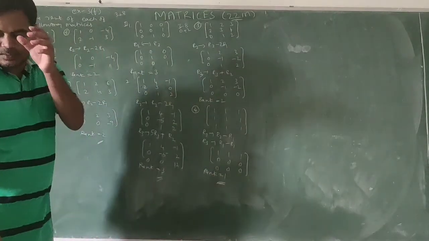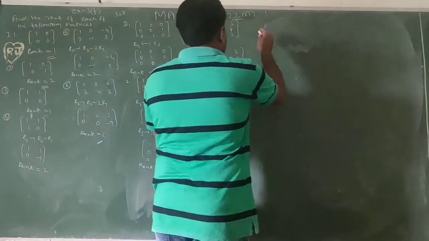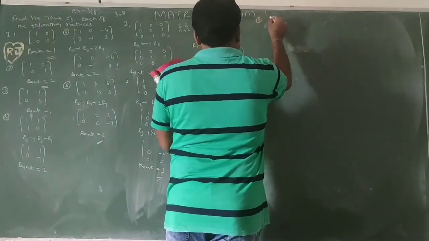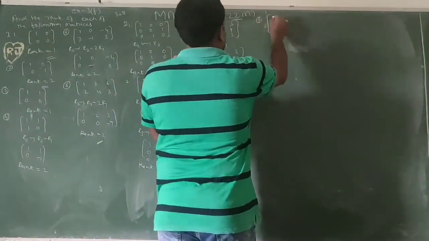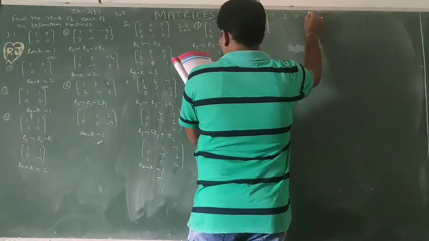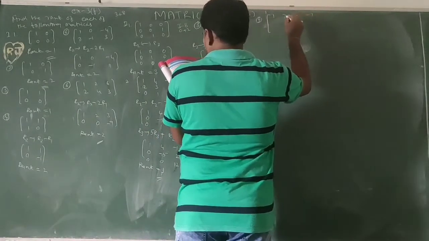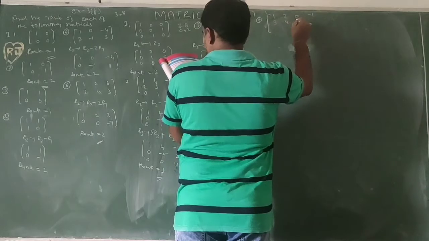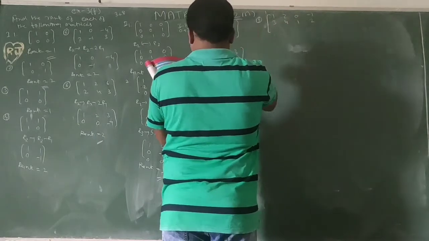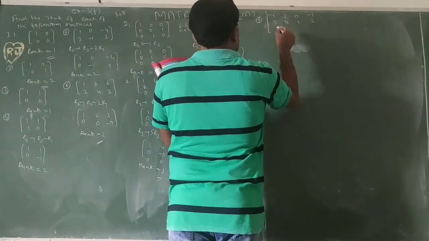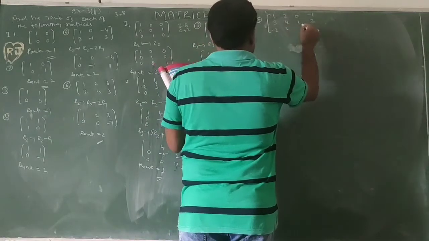Next, question number 5. 1 2 0 minus 1 3 4 1 2. Next, minus 2 3 2 5.